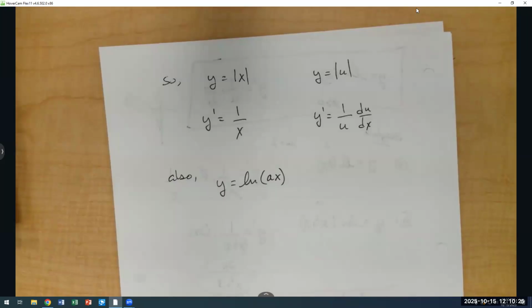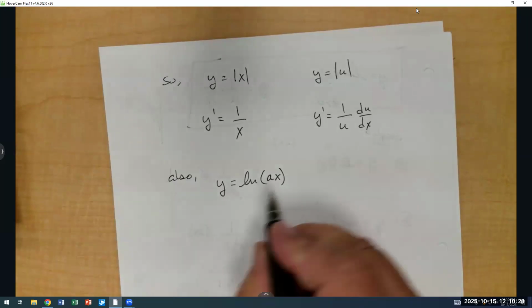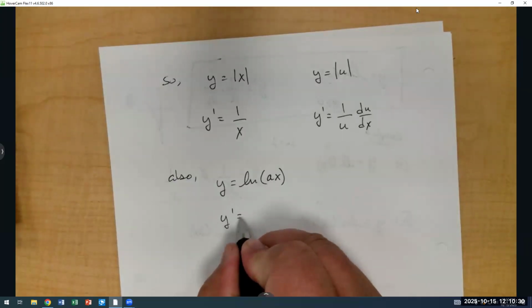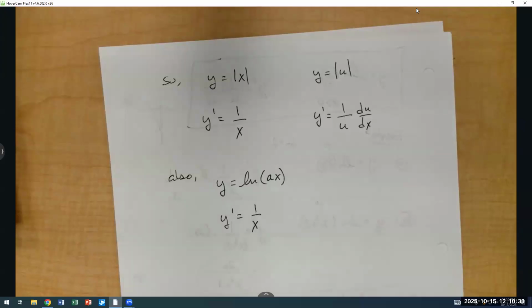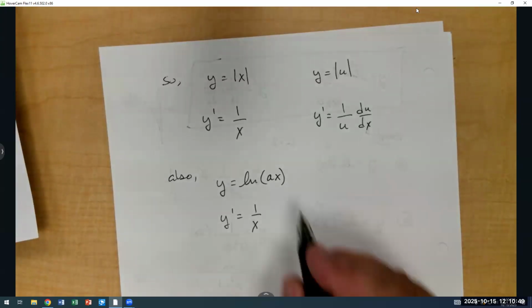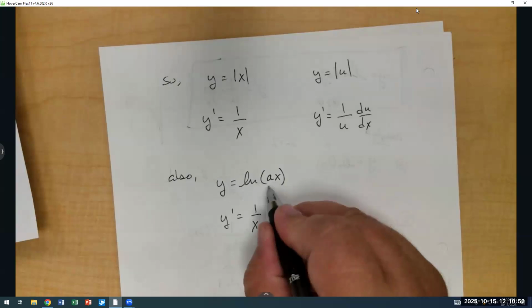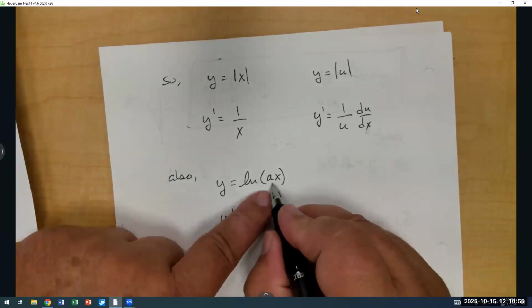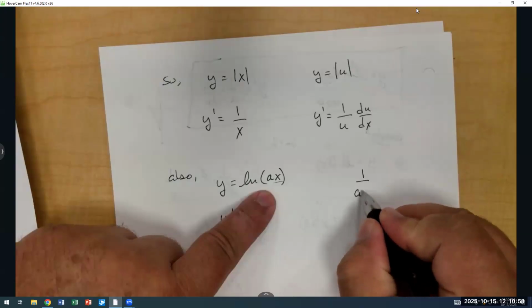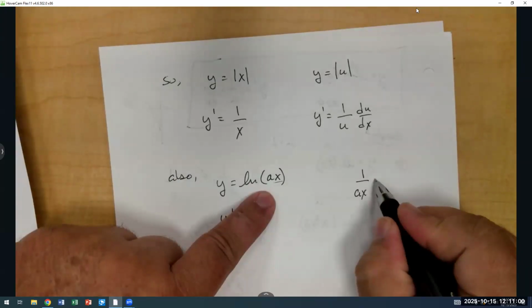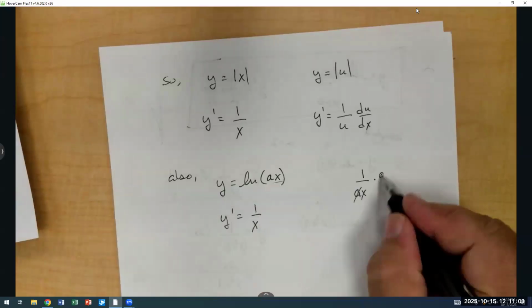If you have a constant multiple to your variable, it's always going to be 1 over x. Can you guess why? It gets canceled out whenever you find the derivative. Very good, because the derivative of ln is whatever this is. So it's 1 over ax times the derivative of ax is a, so they cancel. Very good.